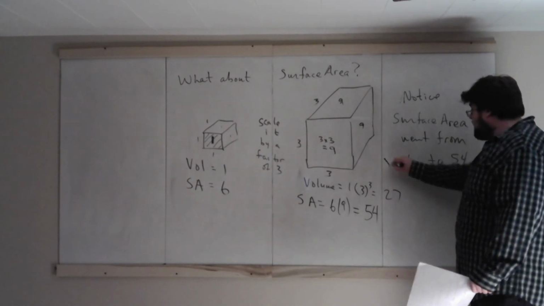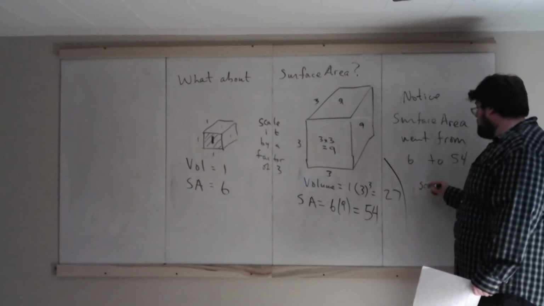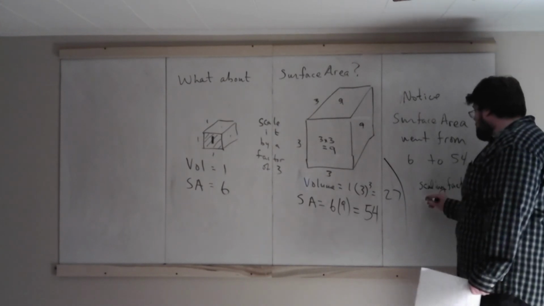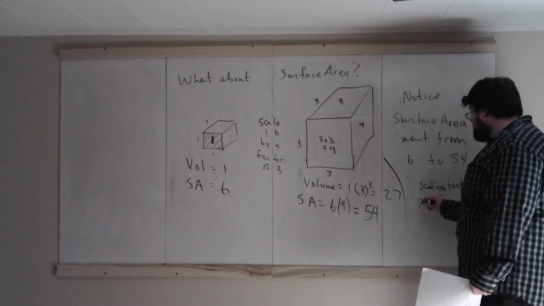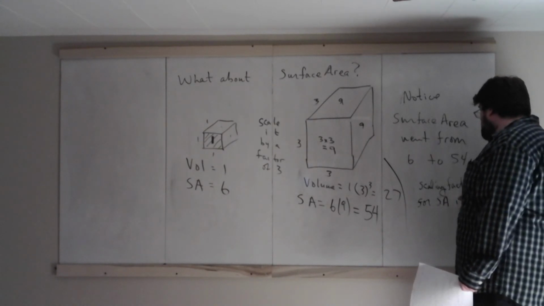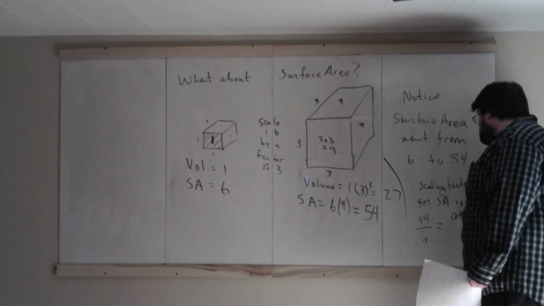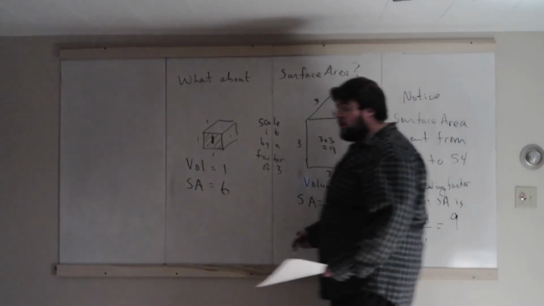So the scaling factor for surface area, that's an F, for surface area is 54 divided by 6, which equals 9, which happens to equal 3 squared.